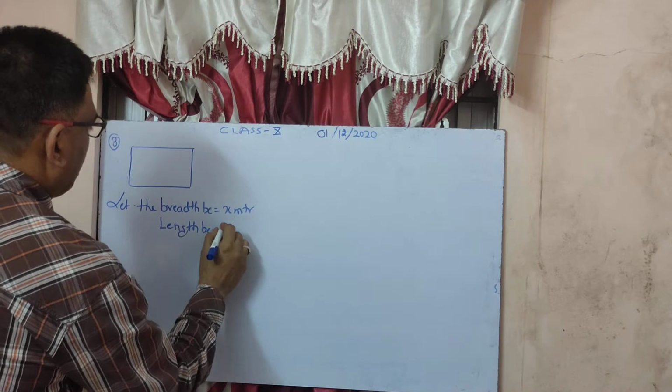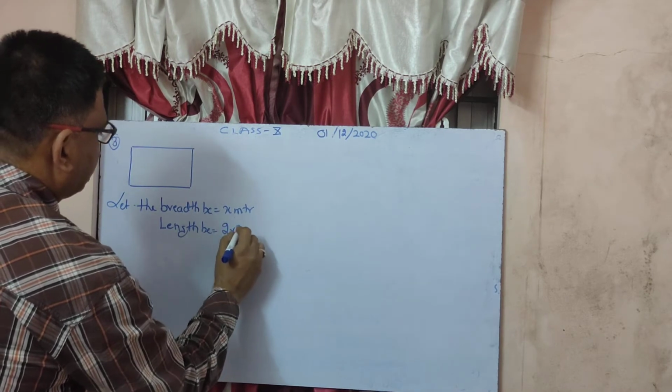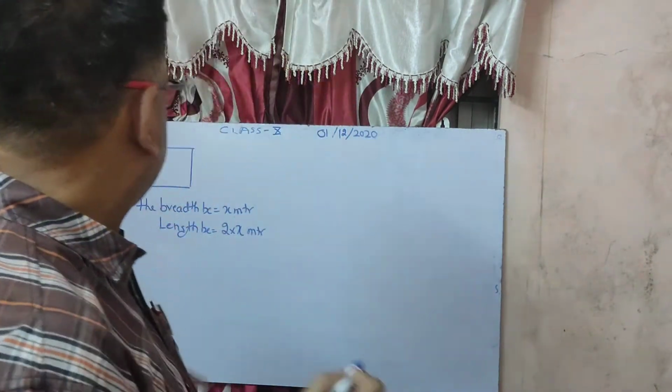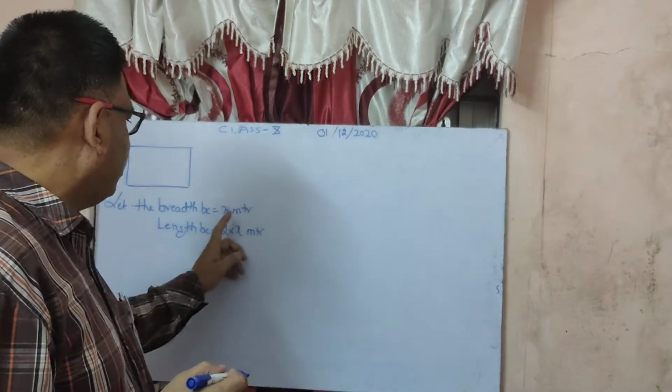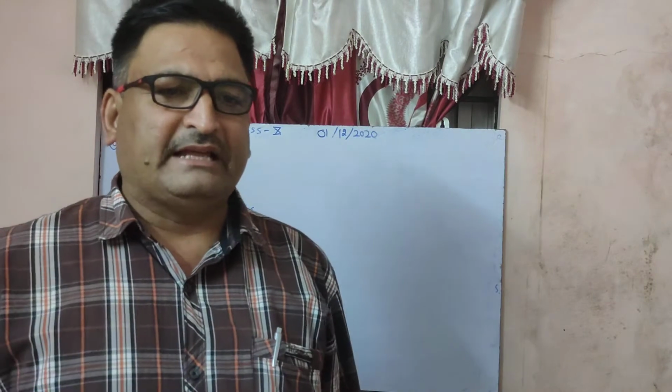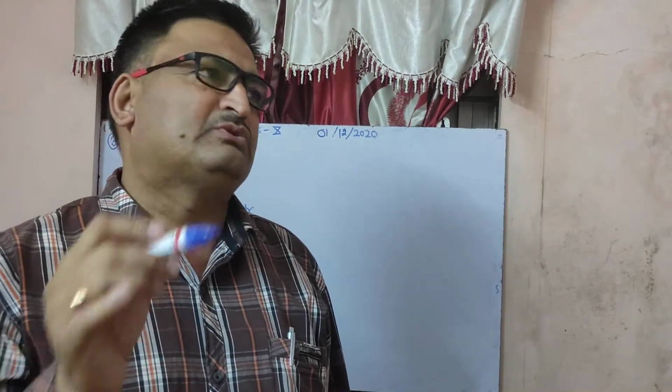Length is twice the breadth, that is 2x meters. And the area is 800 meters square.